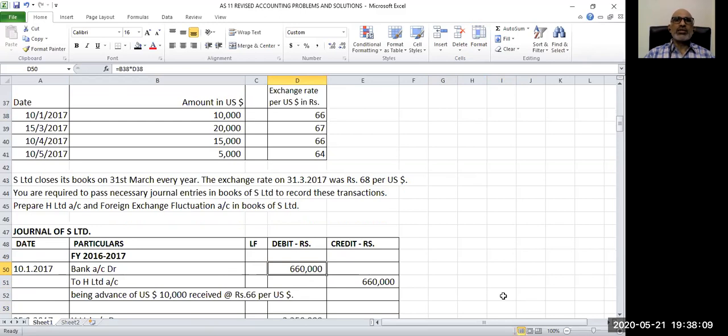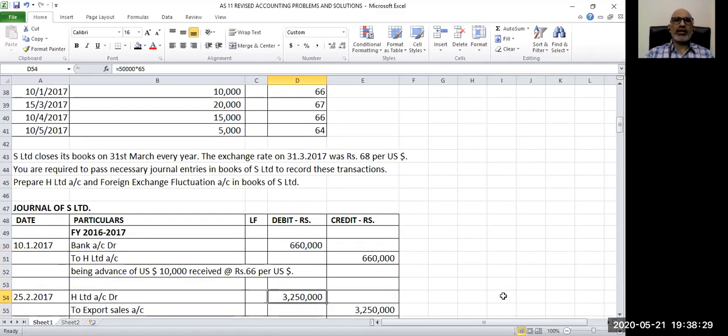So it comes to 6,60,000. The date of entry is 10th of Jan 2017. The narration being advance of US dollar 10,000 received at the rate of 66 per US dollar. So we are recording the advance.